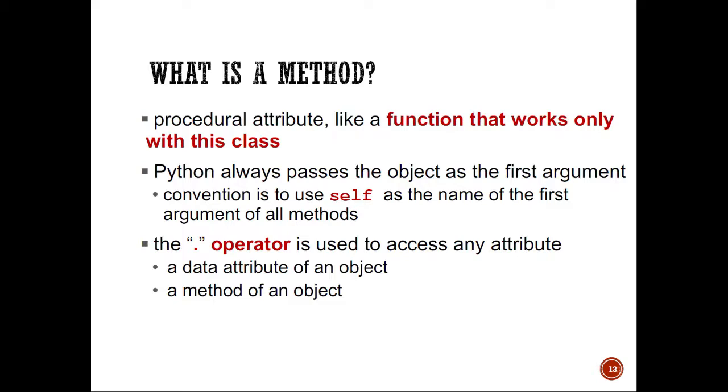Python allows and always passes the object as the first argument. The convention is to use the self keyword as the name of the first argument of all methods. And then the dot operator is used to access the attribute. The attribute can be a data attribute of an object or a procedural attribute, which we also call a method, of an object.